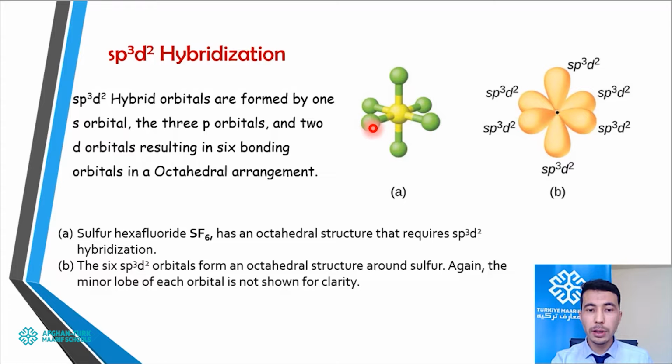Sulfur has 6 bonds with fluorine, which means that these 6 bonds come from 6 sp3d2 hybrid orbitals. And here we can see that this shape is octahedral, and these lobes are the bigger lobes of these hybrid orbitals, and the smaller lobes are on the opposite sides. For example, the smaller lobe of this one will be on the other side, but it is not clear because it hasn't been shown here.